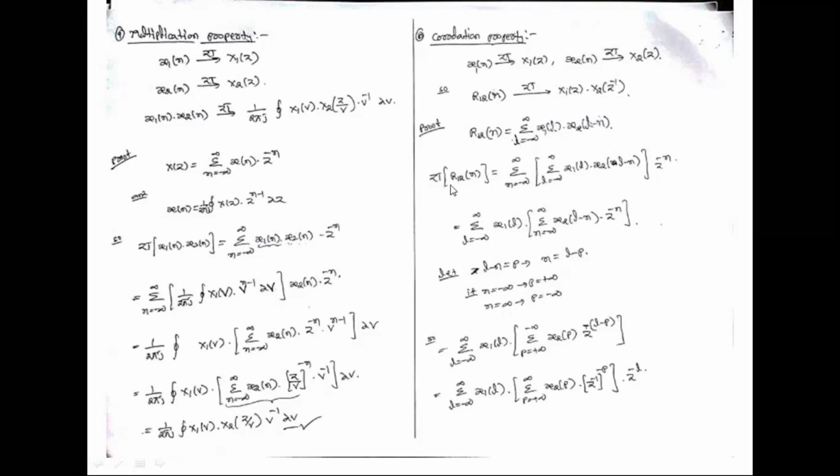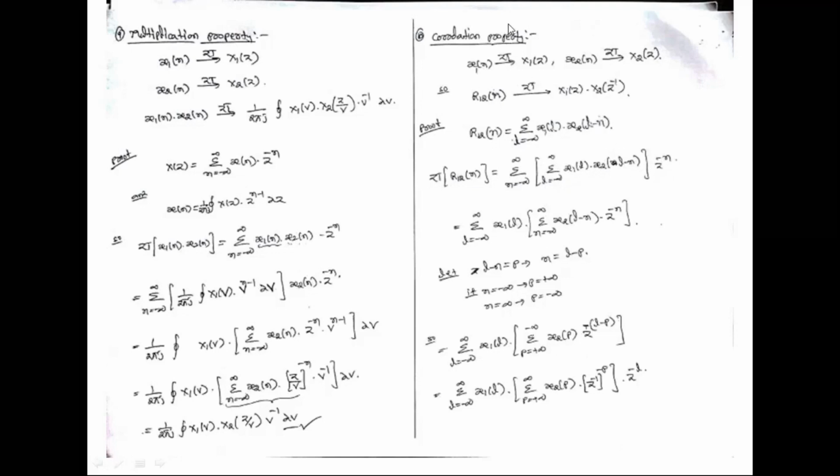the cross correlation function. The z transformation of r12 of n is equal to, substituting this total function for x of n, the sum over n equal to minus infinity to infinity, sum over l equal to minus infinity to infinity, x1 of l, x2 of l minus n, z power minus n.